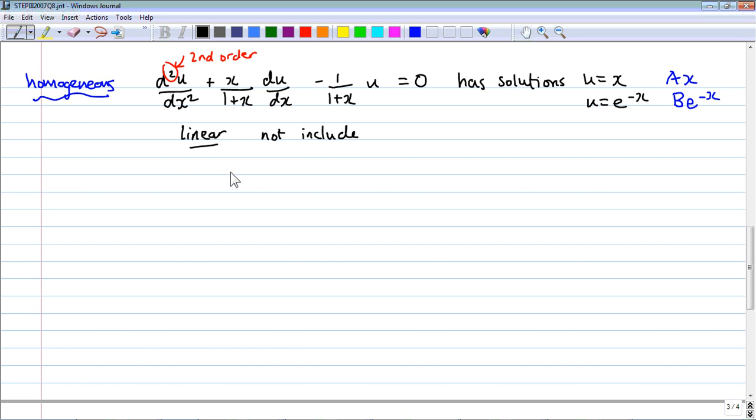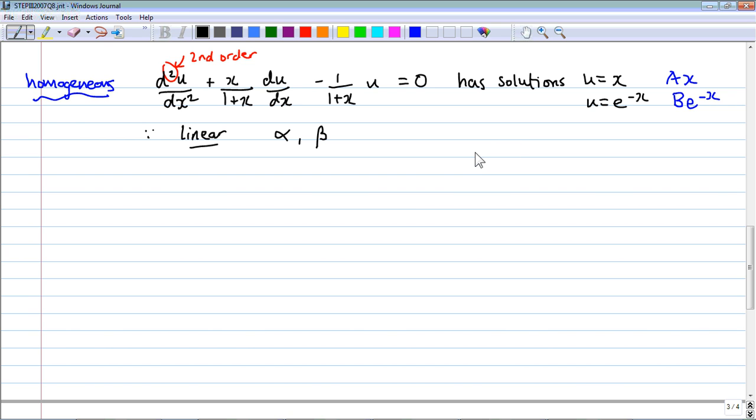Because the differential equation is a linear differential equation, if I have a solution alpha and a solution beta, then alpha plus beta will also be a solution. Alpha minus beta will also be a solution. 2 alpha plus beta will be a solution, and so on. So linear combinations of solutions are also solutions.